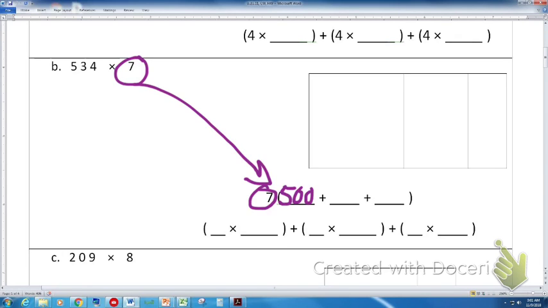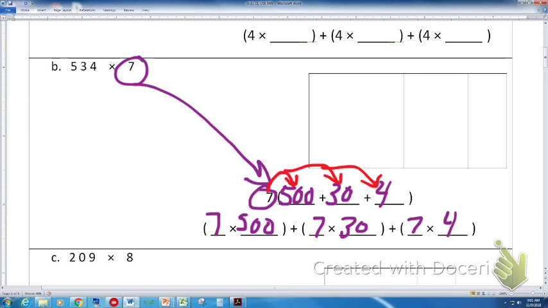Our 3 is a value of 30. And our 4 is a value of 4. So we're going to multiply each of these by 7: 500 times 7, 7 times 30, and 7 times 4. We're distributing the 7 to each place value.